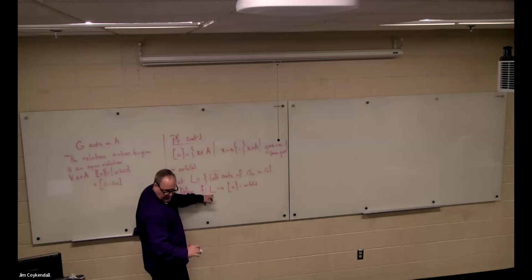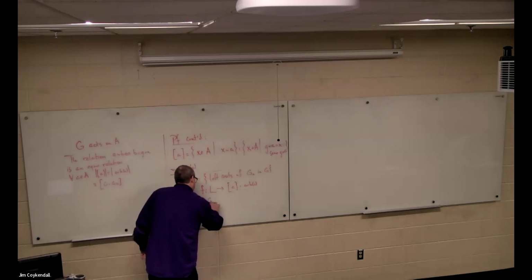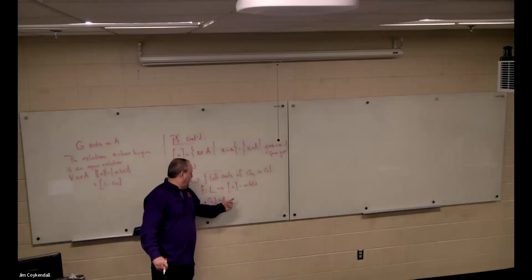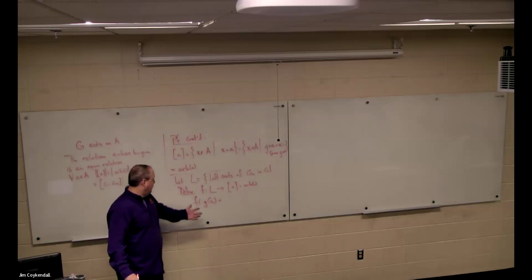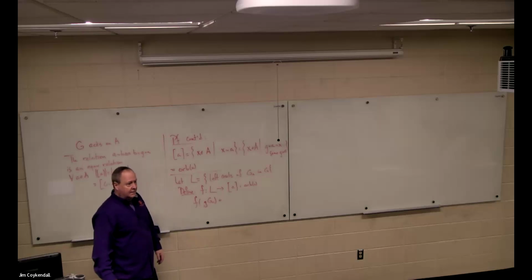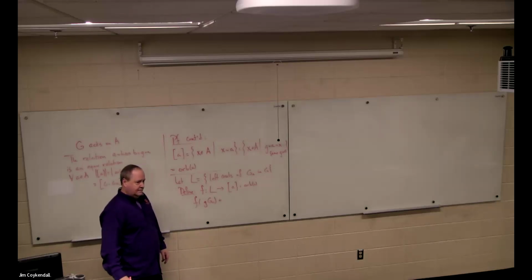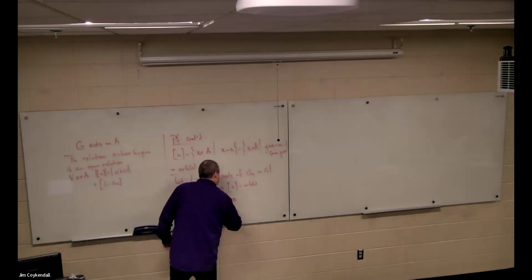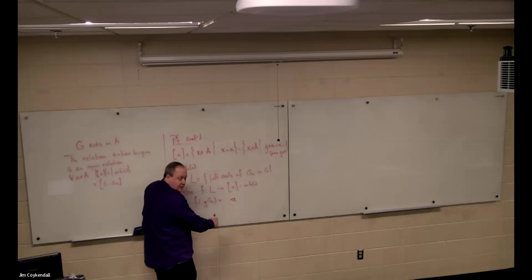So if this is a left coset, my input should be, so the left coset looks something like this. It's just some left coset. And I want this to barf out something that's in the orbit of A. Any guesses what I might try? Well, to get something in the orbit of A, I've got to act on it by something in G, right? Why not this one? Let's just try that.